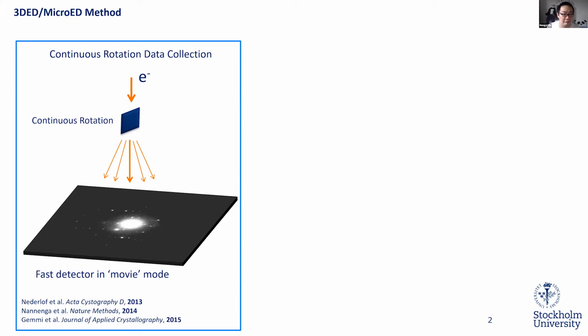Okay, so there are several ways of collecting 3D micro-ED data. The most popular way by far nowadays is continuous rotation data collection. The strategy is very simple. All we have to do is rotate the crystal inside of a TEM continuously while we're taking very fast frames in movie mode. We just collect the diffraction frames continuously, which is very similar to what people are doing at synchrotrons nowadays.